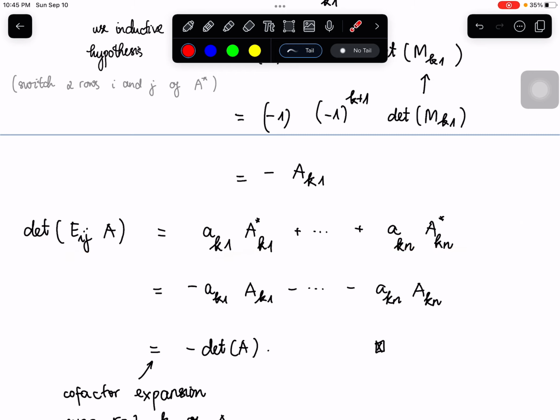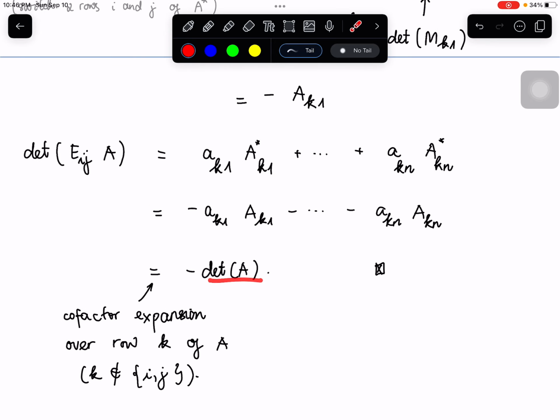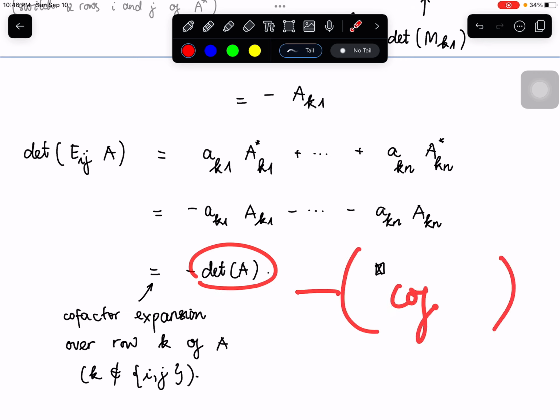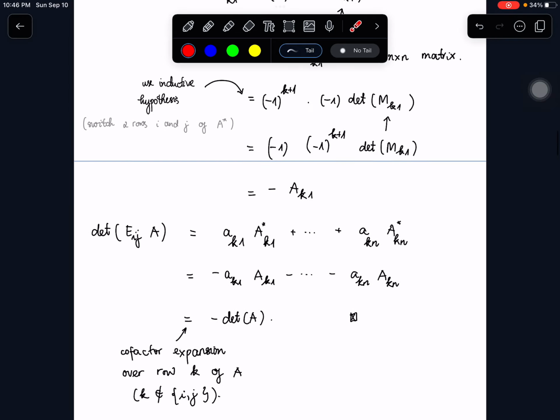After we switch, we use the inductive hypothesis, switching two rows i and j, and we get the cofactor of Ak1, the cofactor of small Ak1 in the matrix A. This is in fact minus the determinant of A, because this quantity is minus the cofactor expansion of matrix A over row k, and therefore Pn plus 1 is true.